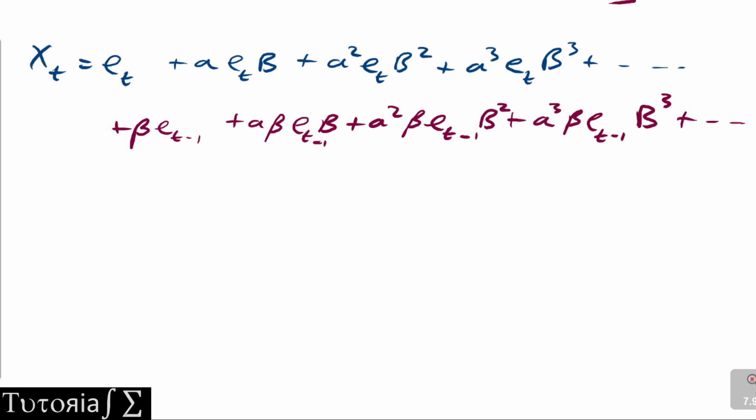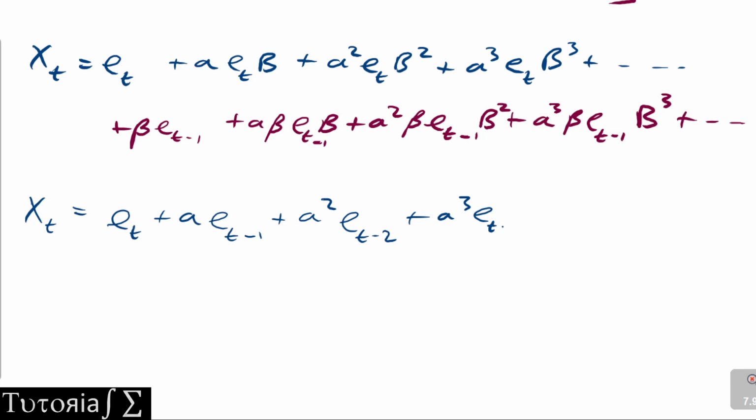So we can expand that. So x_t will be equal to e_t plus a, so this is one lag, e_{t-1}, plus a squared e_{t-2}, there are two lags here, plus a^3 e_{t-3}, plus so on and so forth. Plus here we have just beta e_{t-1}, one lag.